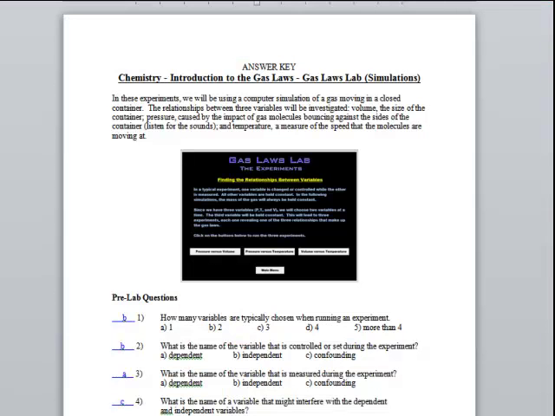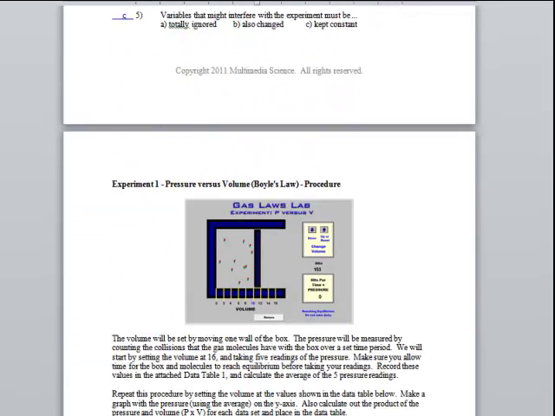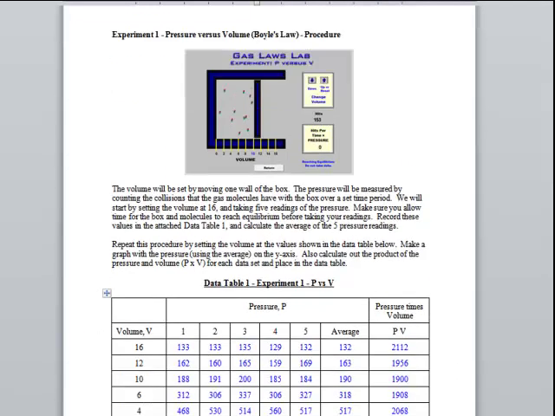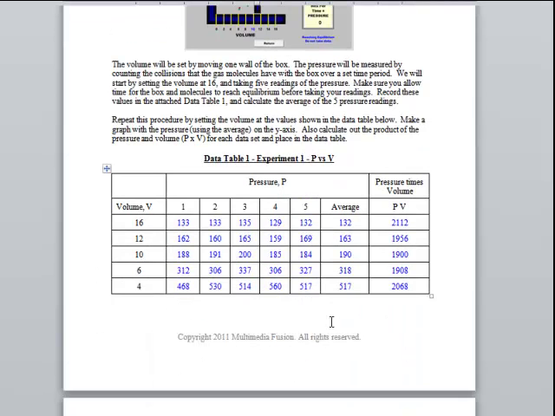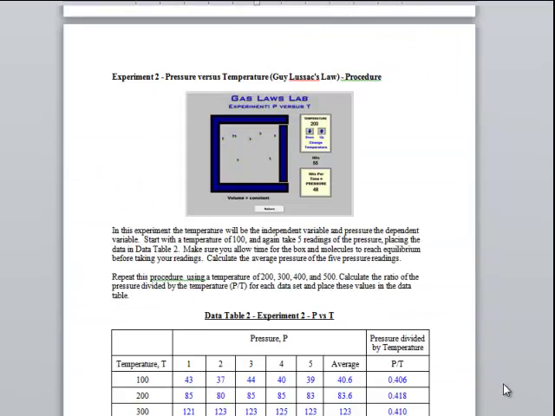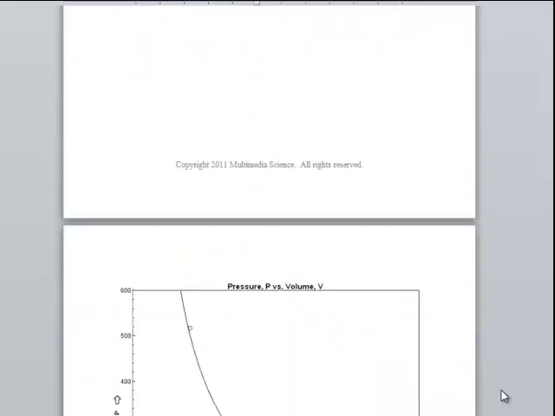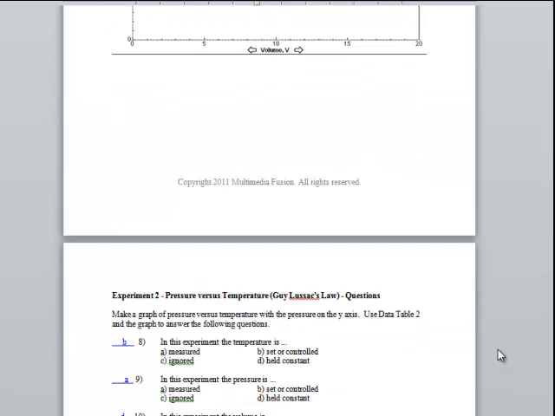So this is the experiment handout, in this case with the answers included. You can see that there's a number of questions on each experiment talking about the independent and dependent variables. And there's a description of how to run the experiment, a data table, and you can see here is a set of data that was taken from the simulations, the 3 experiments, and then there are some graphs.